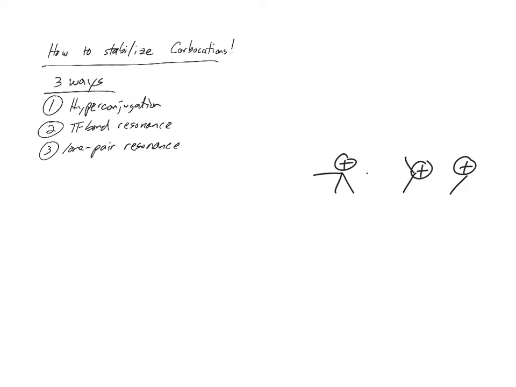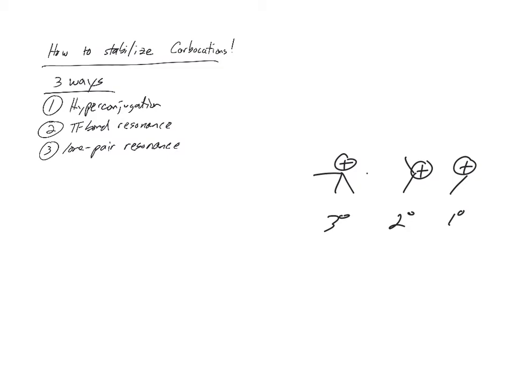So we've all learned this fact that tertiary, secondary, and primary carbocations, tertiary is more stable than secondary, which is way more stable than primary. And the reason that is, is because of hyperconjugation. So what is hyperconjugation?